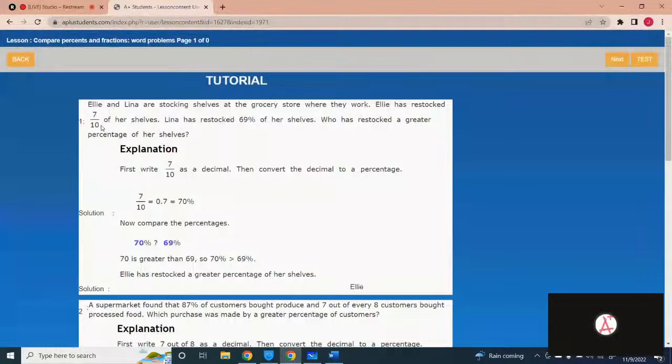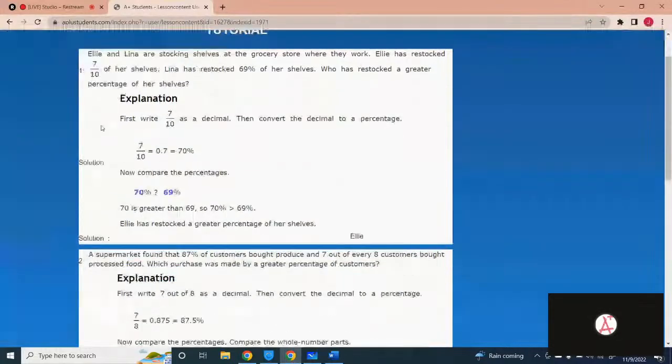Okay. The next one is, a supermarket found that 87% of the customers bought produce and 7 out of every 8 customers bought processed food. Which purchase was made by a greater percentage of customers?